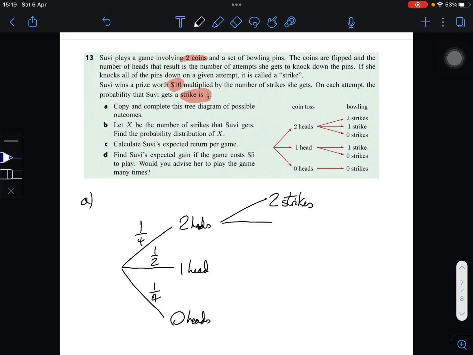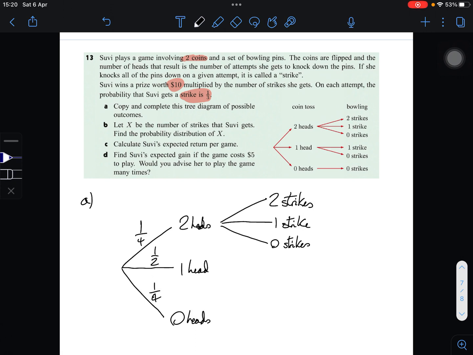Let's write them down anyway. 1 strike, or 0 strikes. 1 strike, 2 strikes, or 0 strikes. That's why I should probably prep questions in advance.